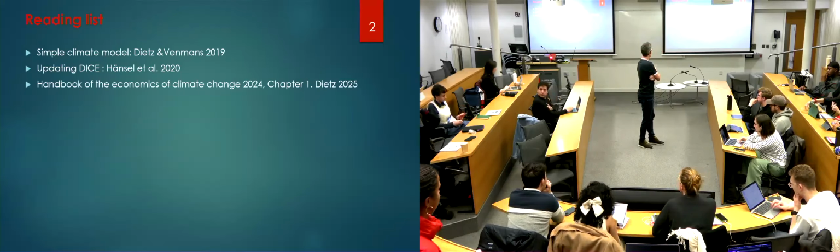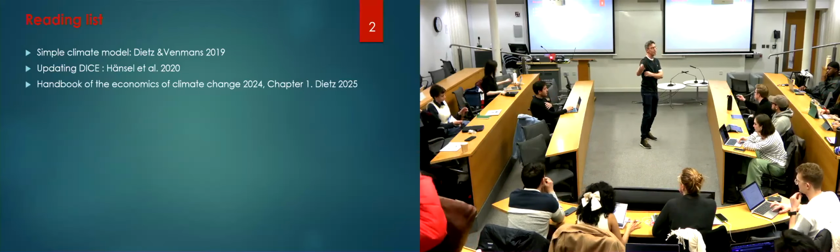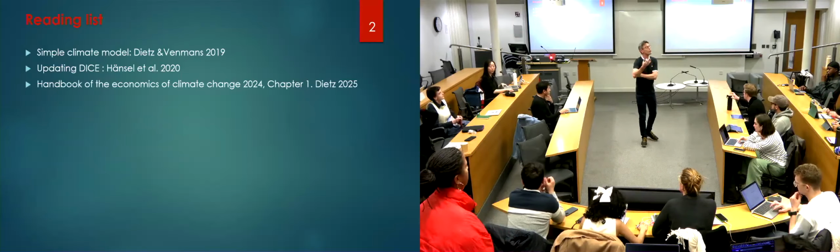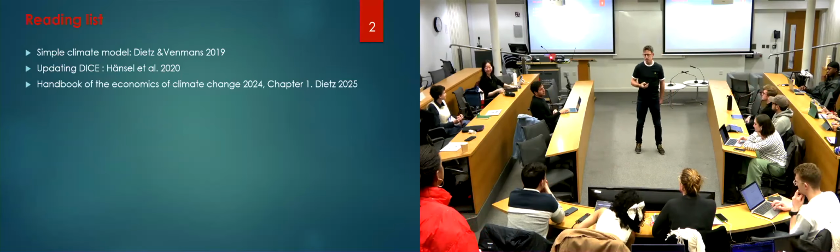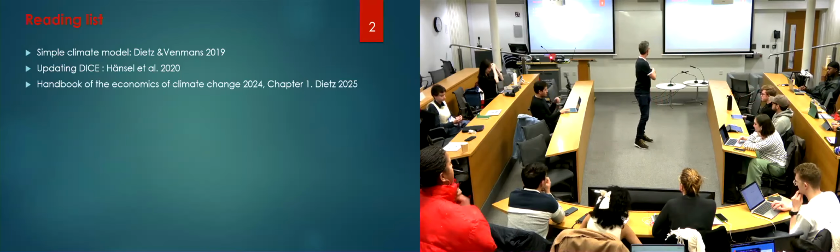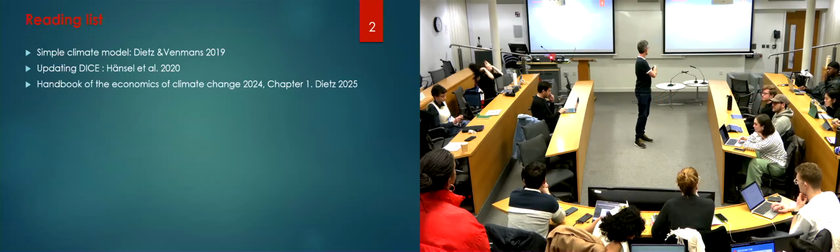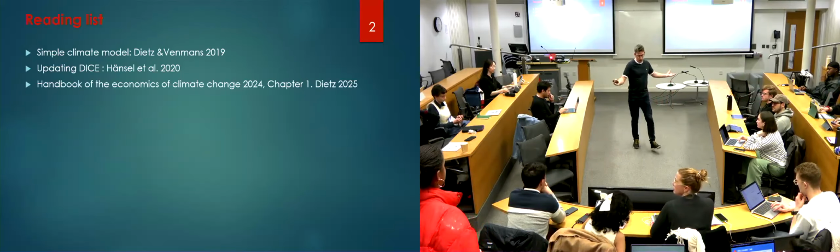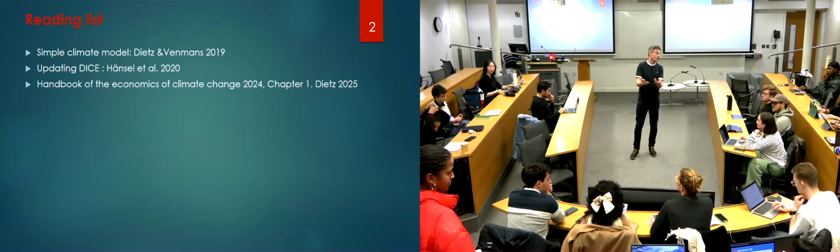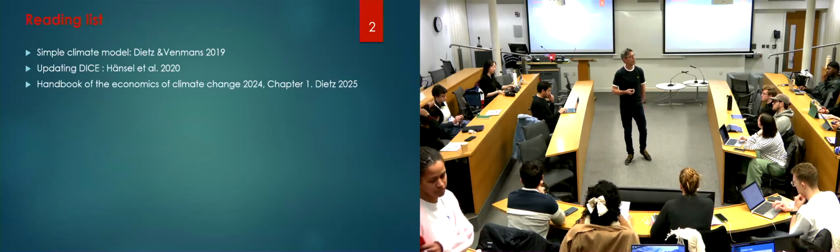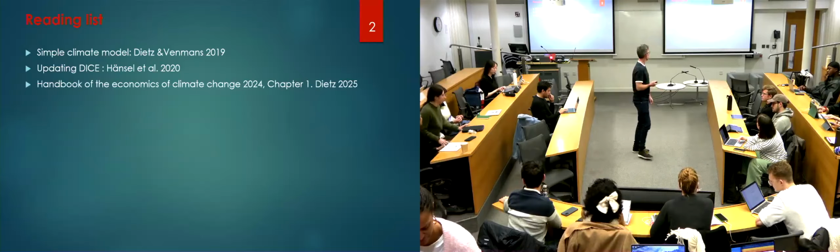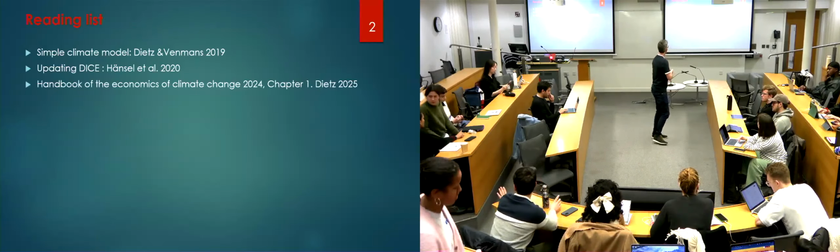Normally DICE gets you to 3 degrees, or shows that it's optimal to be at 3 or 3.5 degrees, but if you use these other parameters, they show that it's optimal to go below 2 degrees.